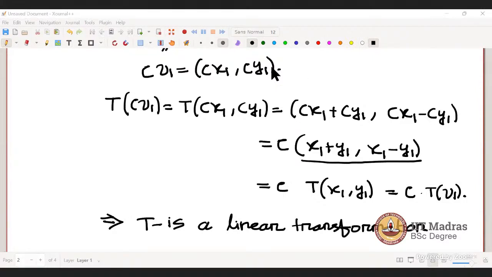What I'm saying is, if T is a linear transformation, then T takes the zero vector to the zero vector. But we have proved that T is a linear transformation. So why do we need to check that it takes the zero vector to the zero vector? If T is a linear transformation, then it has to take the zero vector to the zero vector. So we have proved much more than that. We have proved that T is a linear transformation.